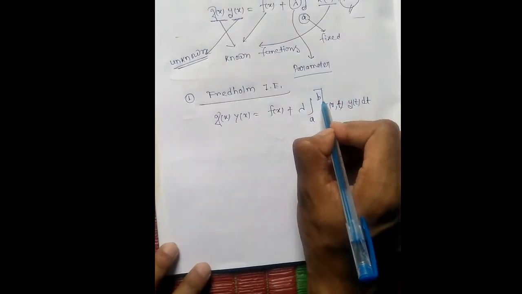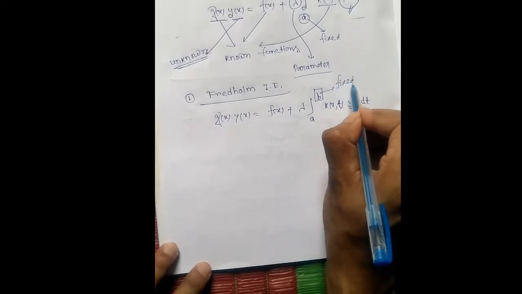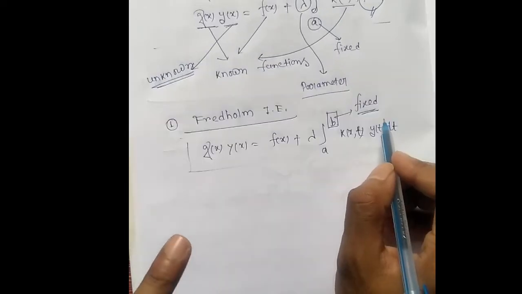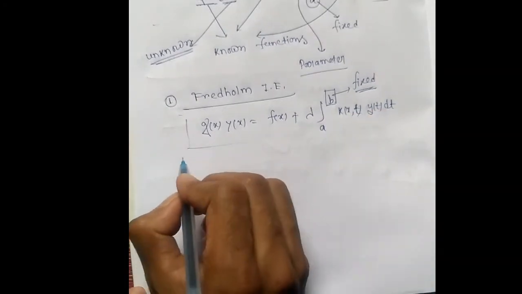Here you see that the upper limit is fixed, that is a constant. This is a Fredholm integral equation.